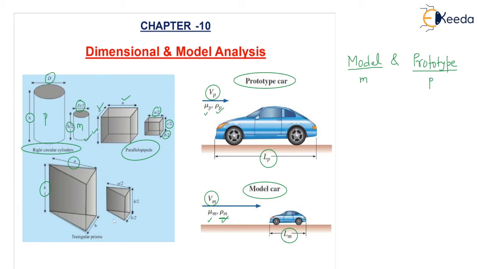The size is reduced by half, 50%. You can see A by 2, height is reduced by 50%, H by 2, and width is also reduced by 50%, B by 2. It is also called a perfect model. Now we are going to see the next slide for the definition and details about the model and prototype.